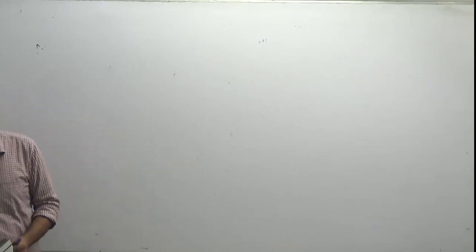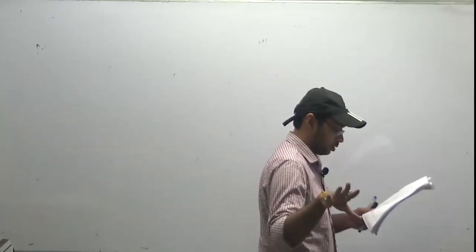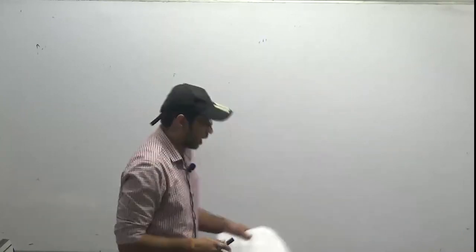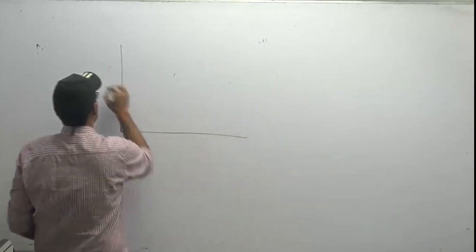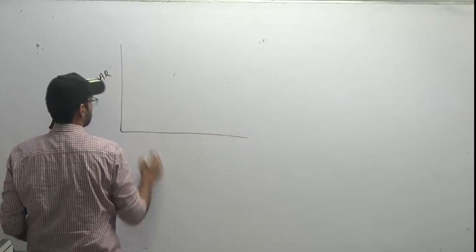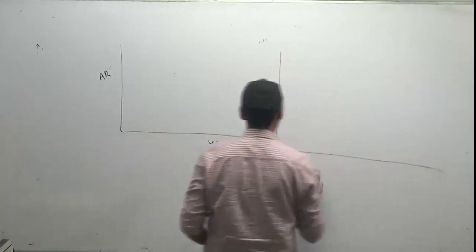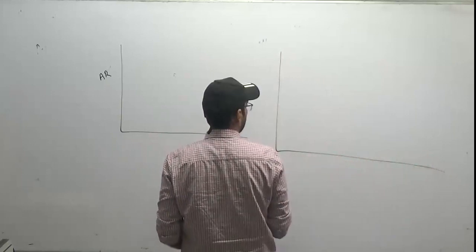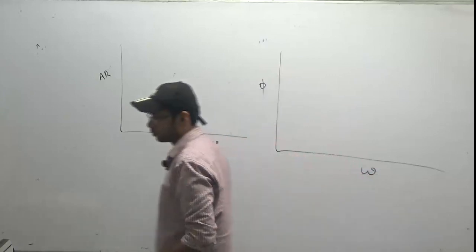So we know that Bode stability criteria is applicable for both the graphs, right? When monotonically decreasing. So from here we can draw the graph, amplitude ratio versus omega, as well as phi versus omega, yes or no?